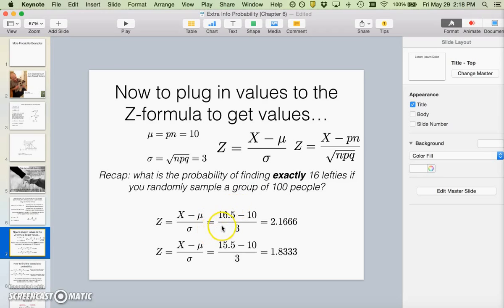So we go half a unit up: 16.5 minus 10, and 10 again is the actual probability of the event happening, it's the average, divided by the standard deviation of 3, which is again the square root of npq. And that gives us a z-score of 2.166 repeating. Then we take the probability space slightly below the value that we're looking for, 15.5 minus 10 divided by 3, and that gives us a z-score of 1.833 repeating.